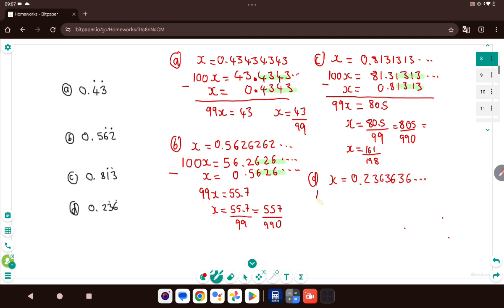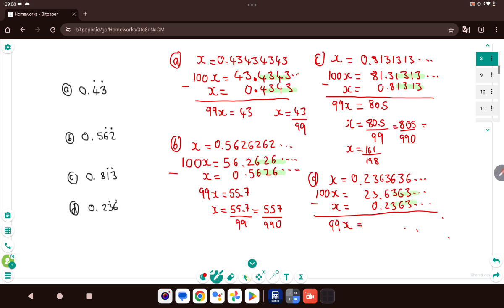Multiply by 100. Subtract 100x take away x is 99x.